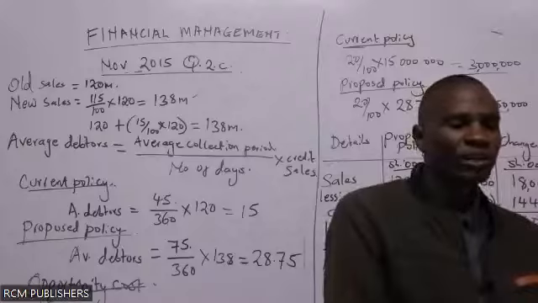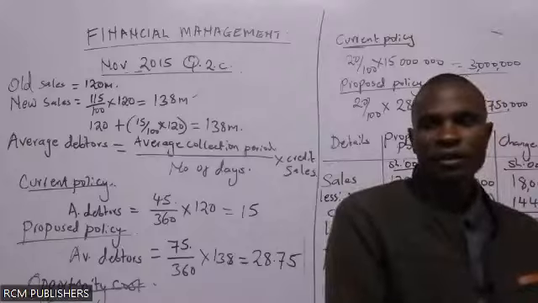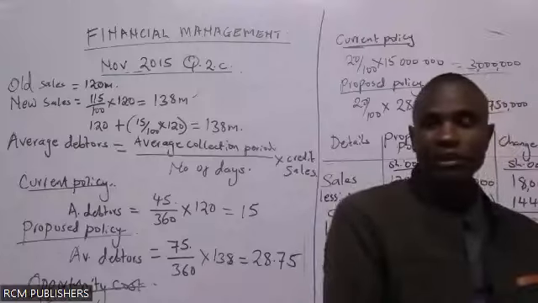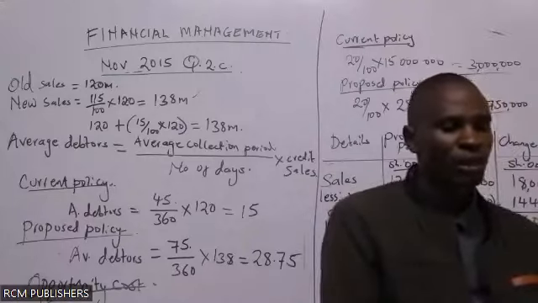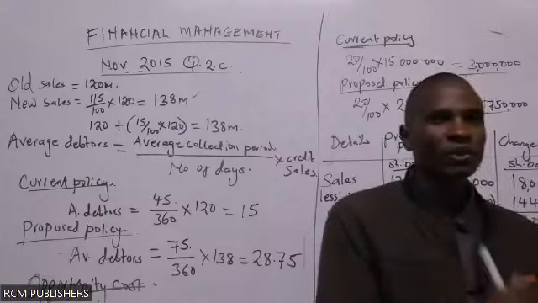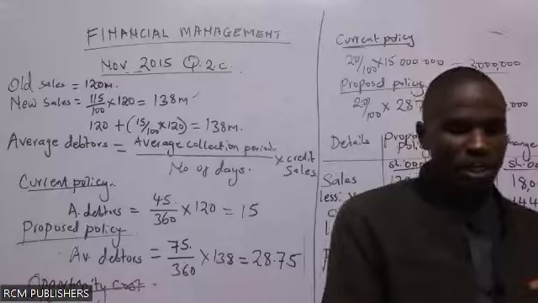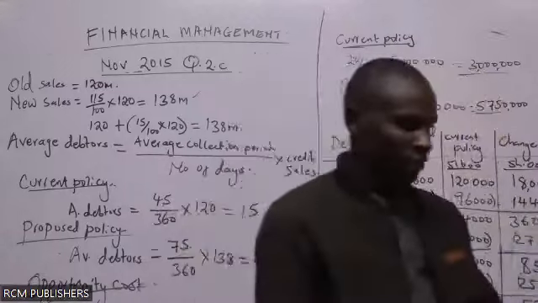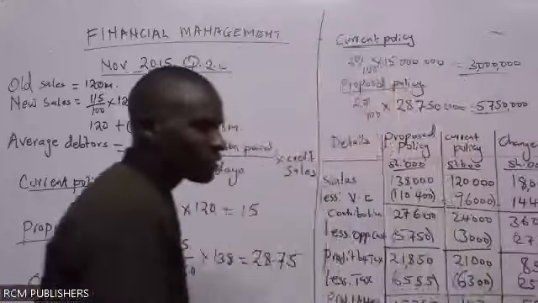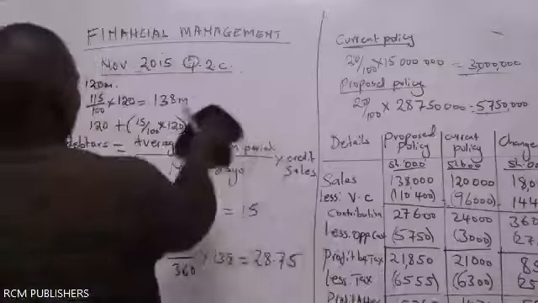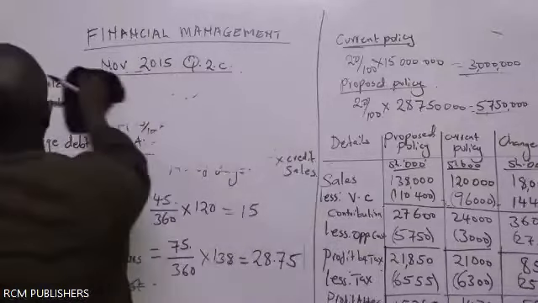Those are conditions given by the person lending you either money or giving you a product on credit. Those are some of the terms. Sasa hii yetu net 30 hatujapewa. There is some information that we have not been given, therefore there is nowhere we were supposed to use it here.